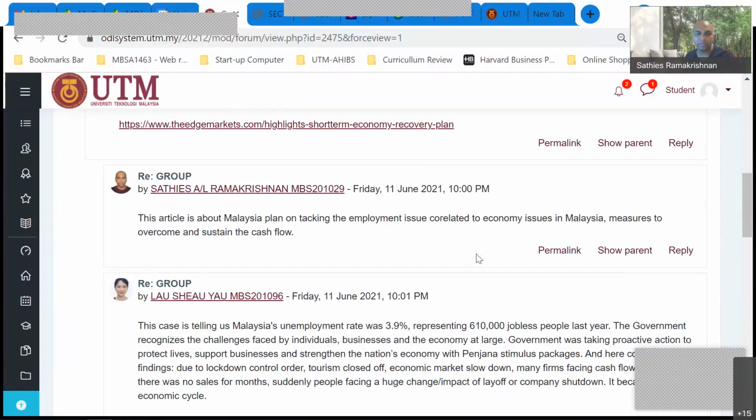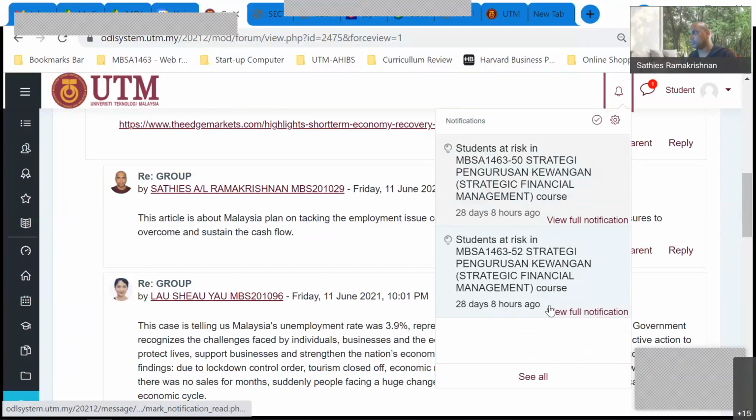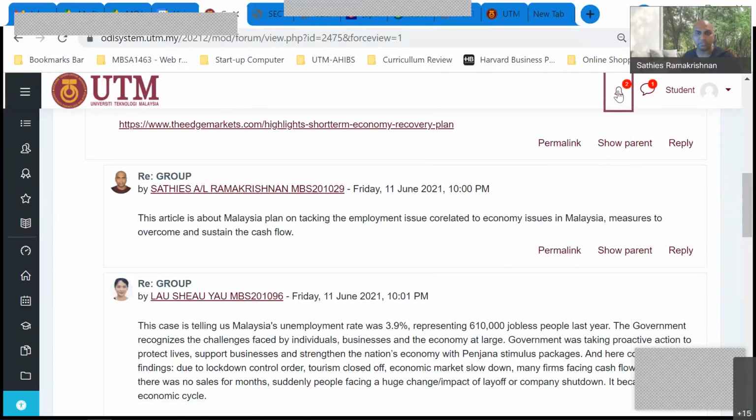When we recover the economy, the unemployment rate would also recover. There was also support given to employees or citizens who have lost their jobs, and the initiatives the government is taking in stimulating the economy. I'll pass it to Sonia so she can explain further.